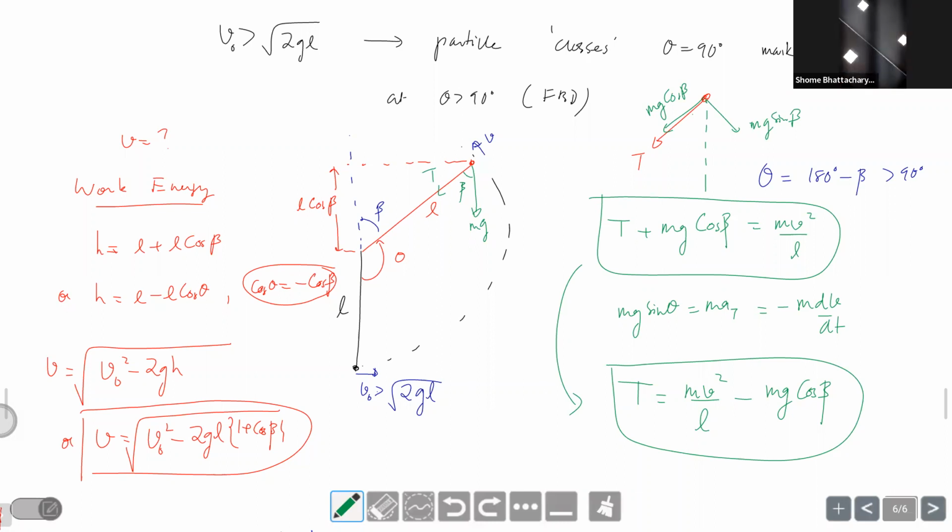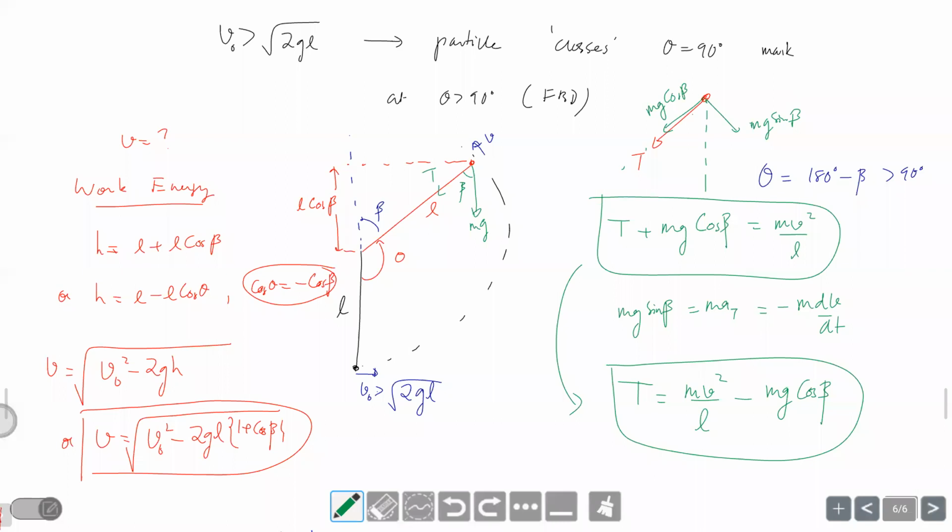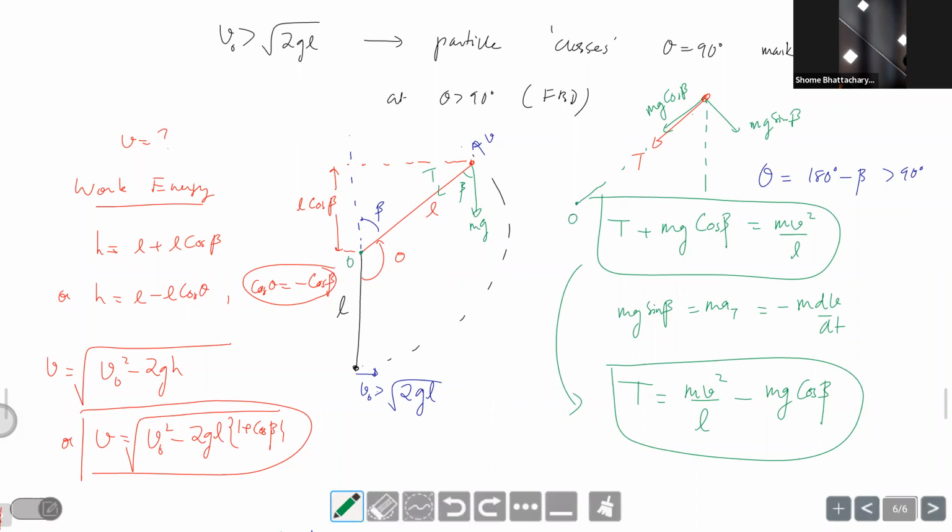Here also it will be the same. So now you understood that this is your centripetal direction. This is towards the center of the circular motion. So that's how I got this. Is that clear? Yes, sir. Okay.